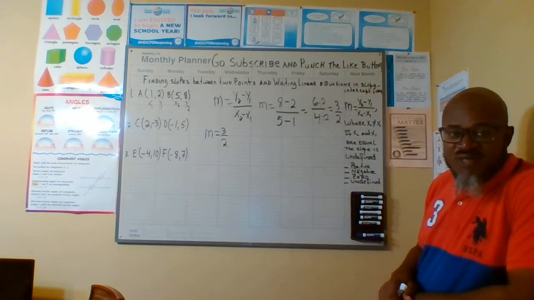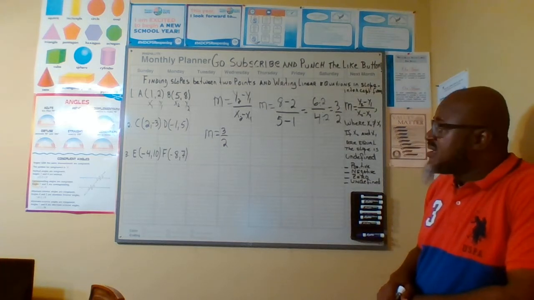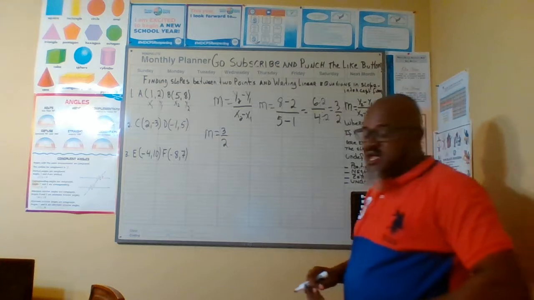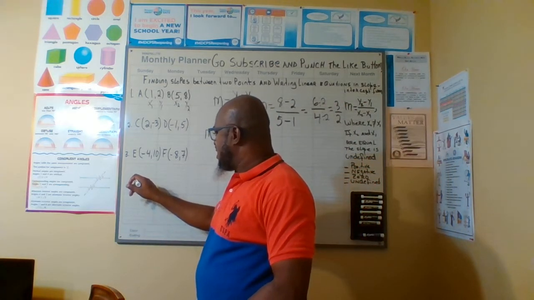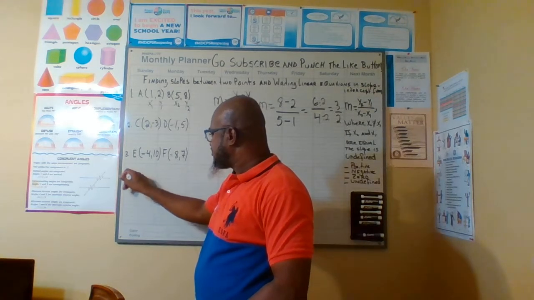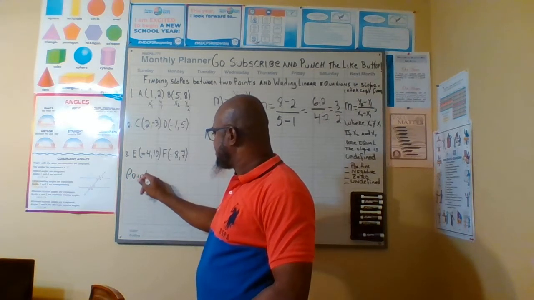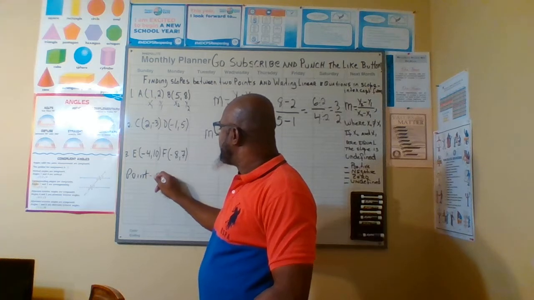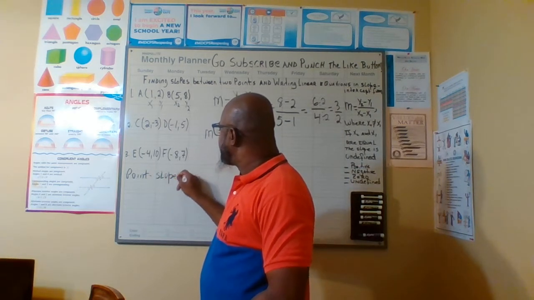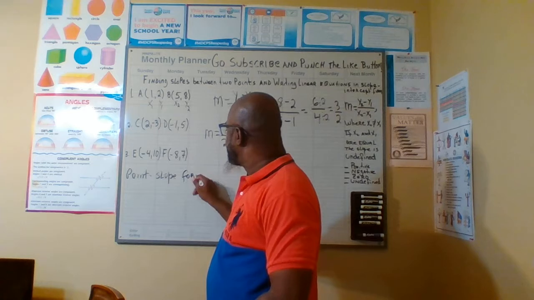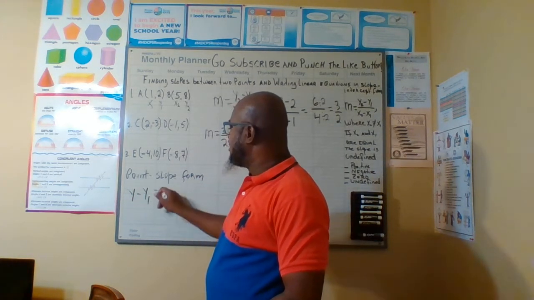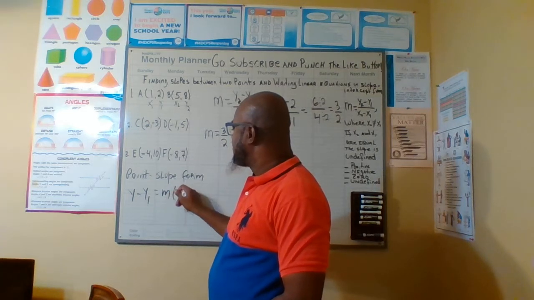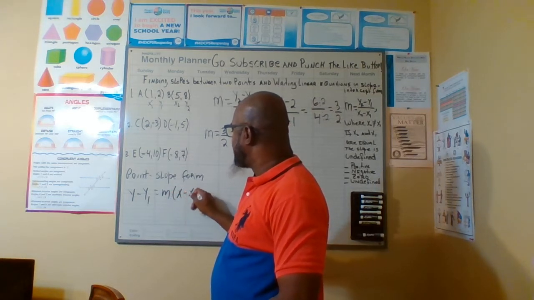So since I know the slope, your next goal is to write a linear equation. To write a linear equation, you have two options. You can use point-slope form, which is a formula. You will have to learn or remember it: y minus y sub 1 equals m times x minus x sub 1.